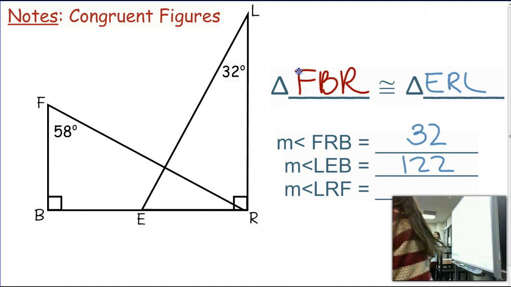Yep, very good. So you're matching them up. What angles go with the other angles? Angle F is listed first and angle E is listed first. So F and E are both 58.